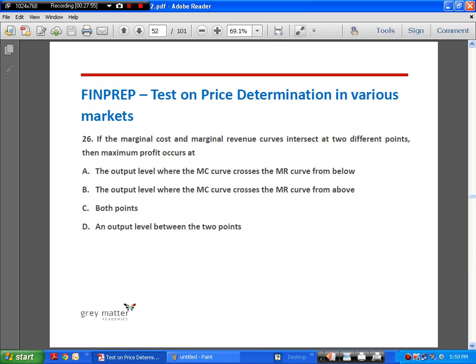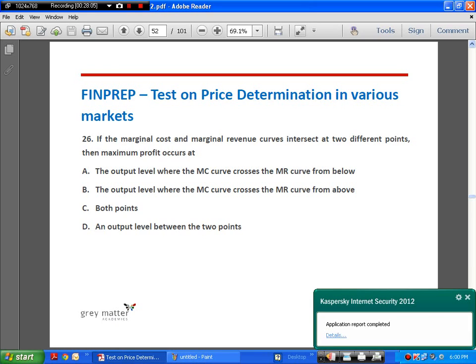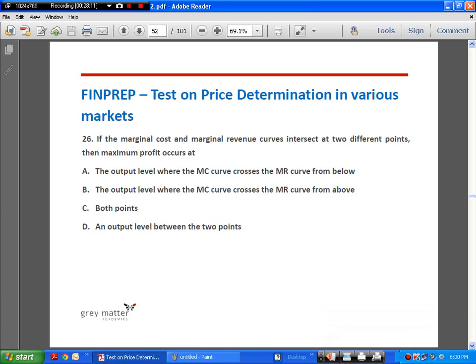26th question. If the marginal cost and marginal revenue curves intersect at two different points, then maximum profit occurs at. So, we know that the marginal cost curve intersects the marginal revenue curve at 2 points.